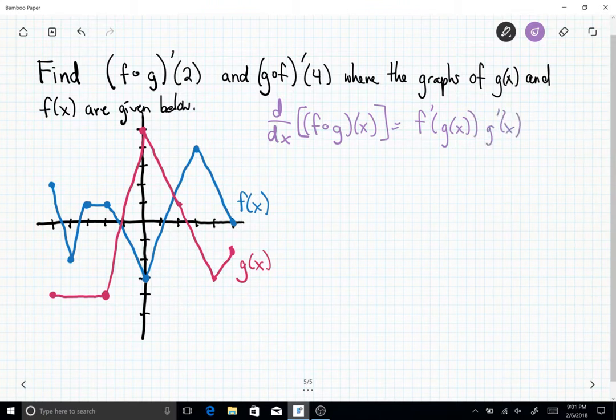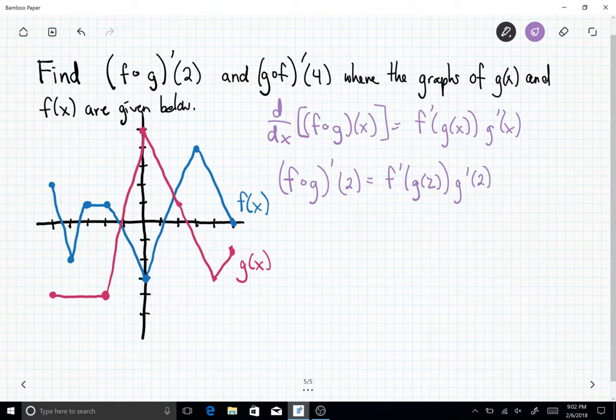So in our first problem we have f composed with g prime of 2. That's f prime of g of 2 times g prime of 2.